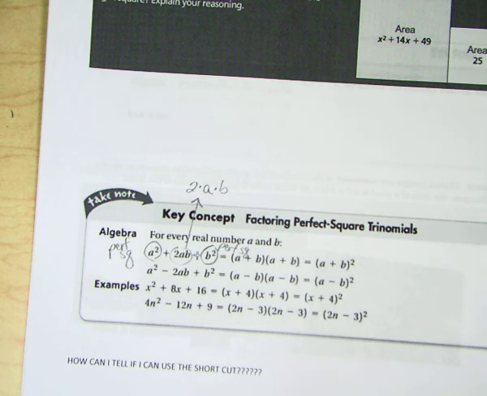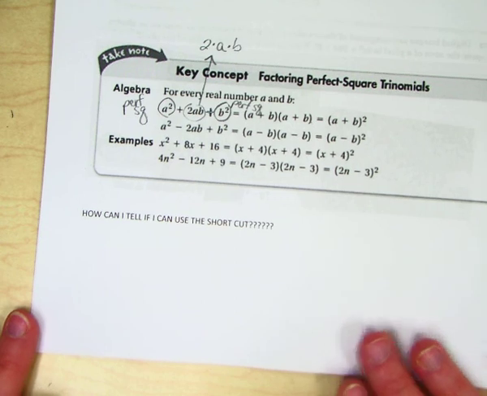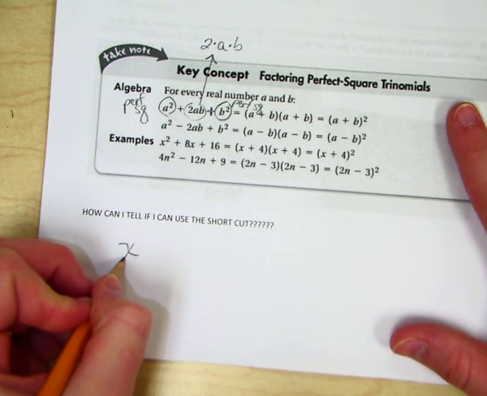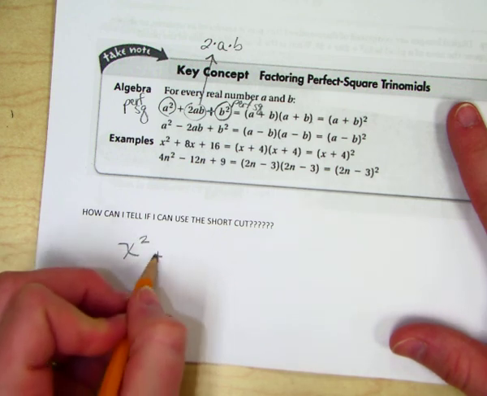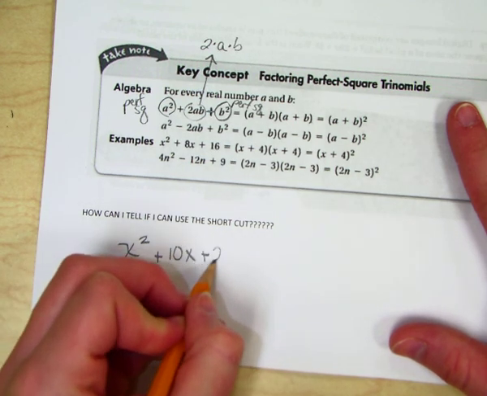Now guys, just like I taught you before, if you don't remember the shortcut from today, that's fine. It might take you a little longer, but you're still going to get there. I want to make sure you understand when you can and cannot use the shortcut. Let's pretend you have x squared plus 10x plus 25.